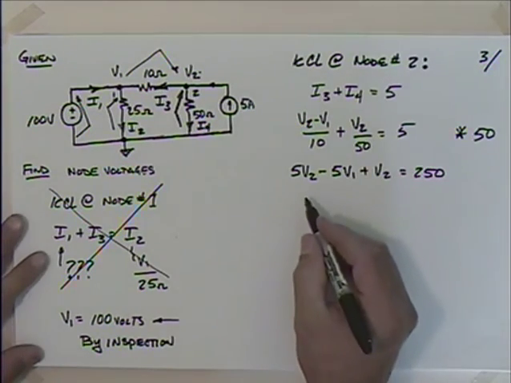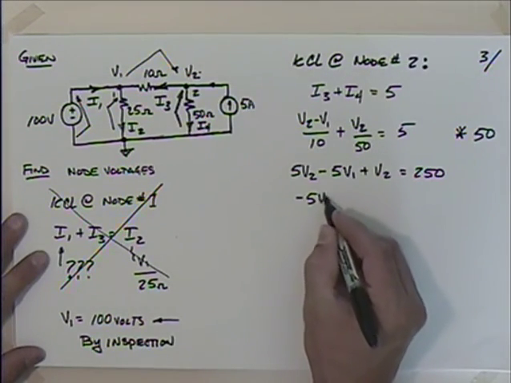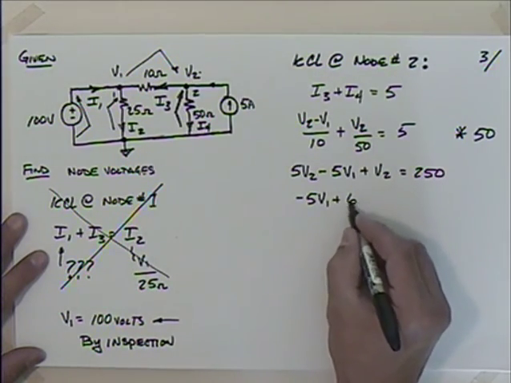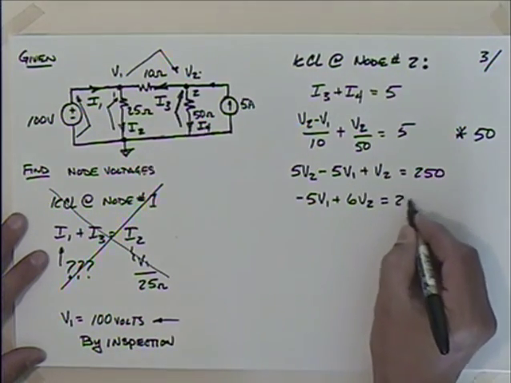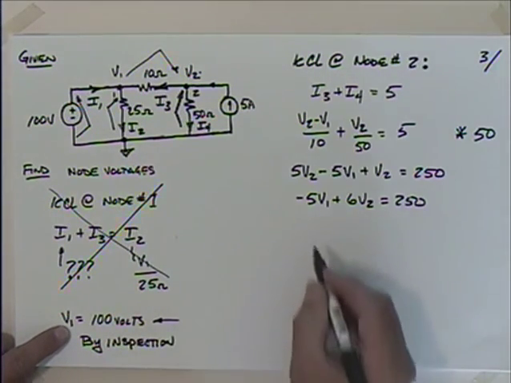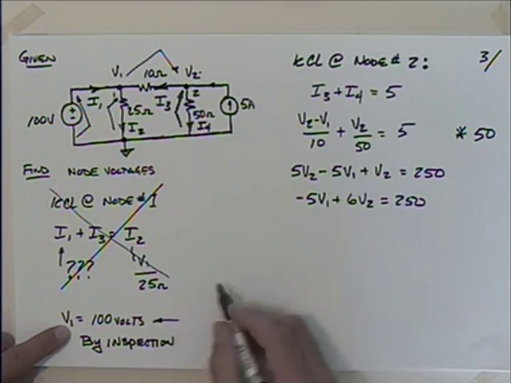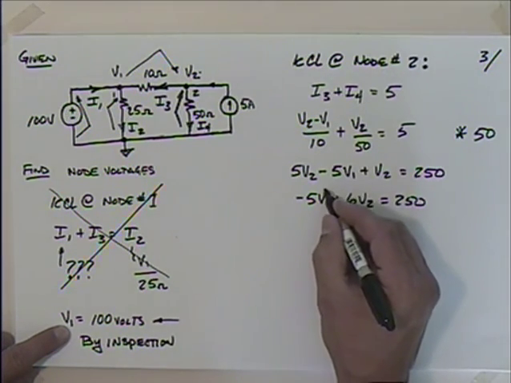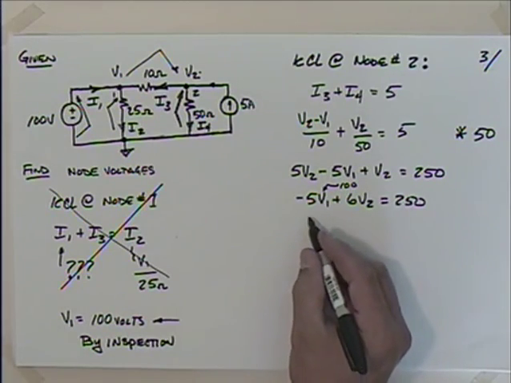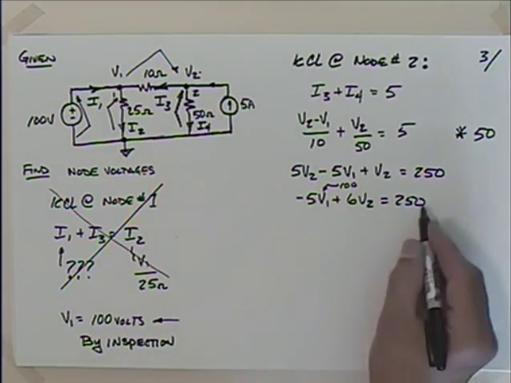So I've got then minus 5V1 plus 6V2 is equal to 250. I'm sure glad I got this equation down here so I can substitute this in. So I'm going to substitute that 100 into here. So I've got minus 500, so it goes over as a positive.